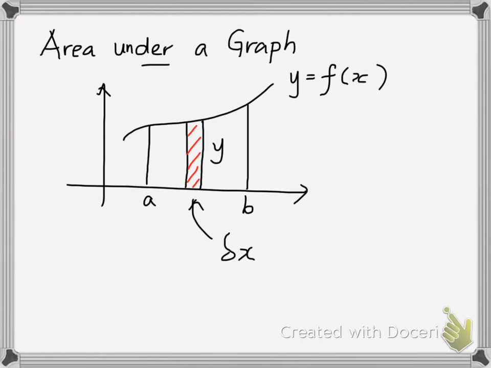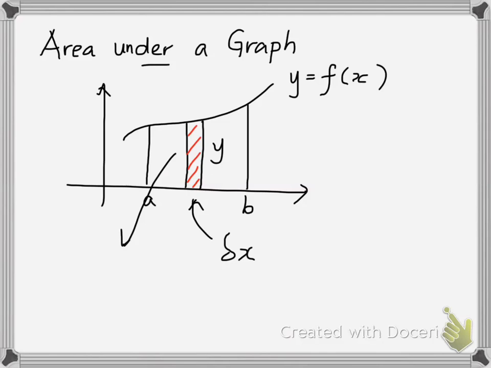Because again, the delta x is something extremely small. Extremely small means whether it is this side or this side, it will roughly be the same. Since it is roughly the same, again we ask, what does this strip look like?